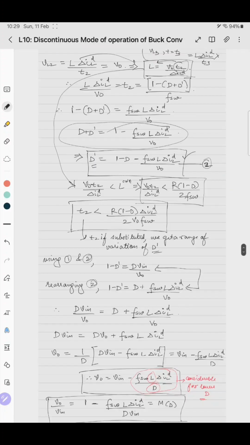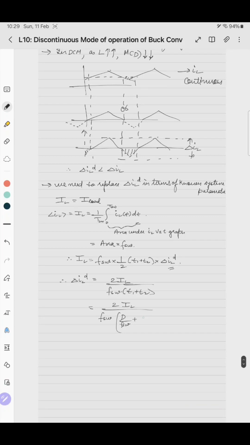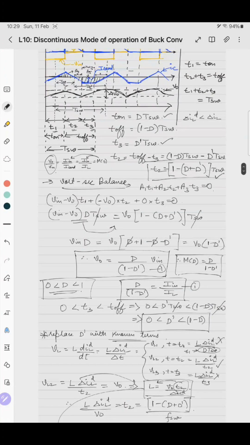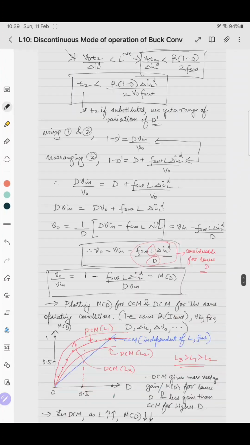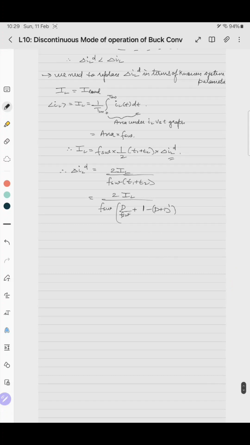So it is 1 minus D dash of T plus T dash, 1 minus D divided by F switching. So the whole denominator is this by F switching.